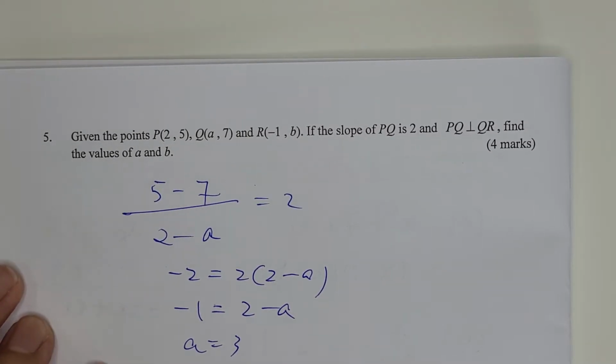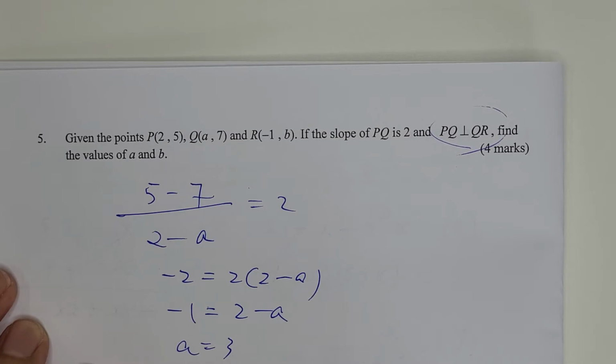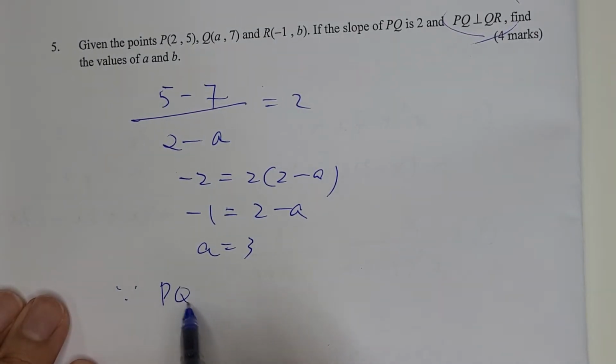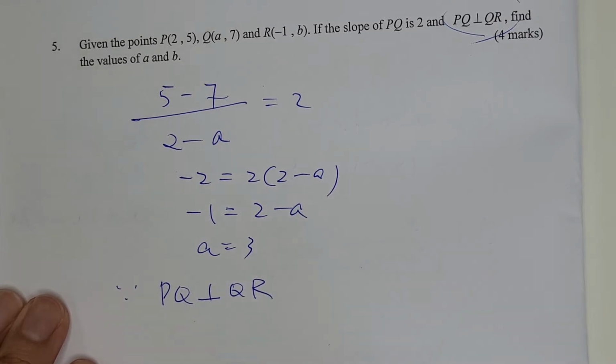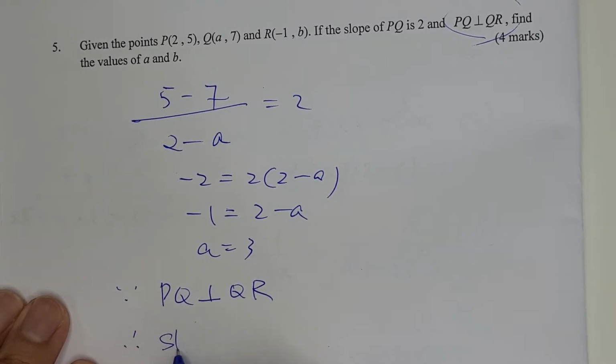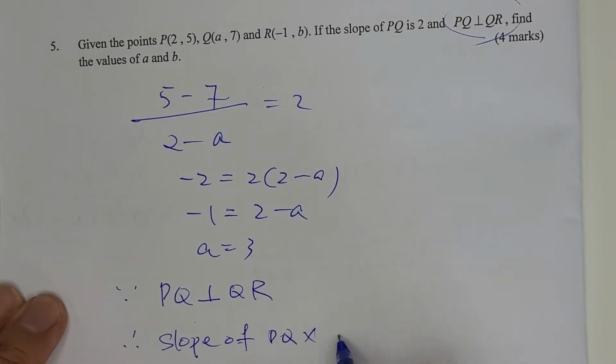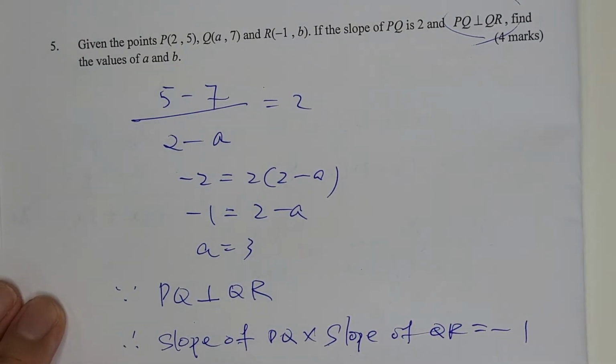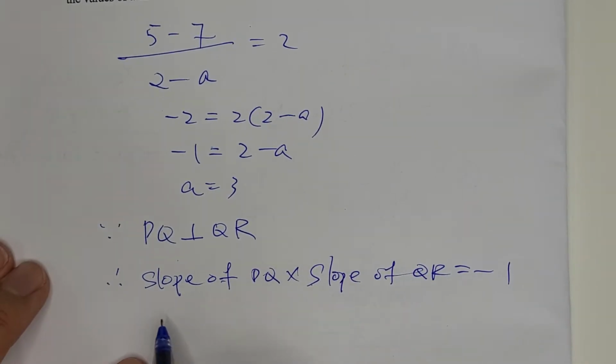So, the second condition, PQ is perpendicular to QR. Because PQ is perpendicular to QR, therefore, slope of PQ times slope of QR equals negative 1. So, slope of PQ, as the question gives, is 2.